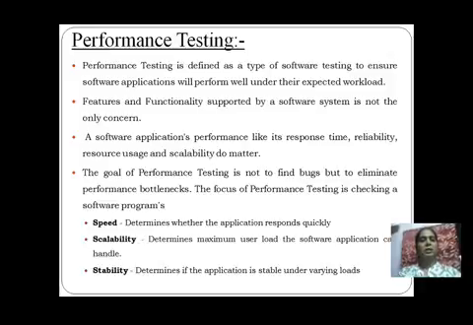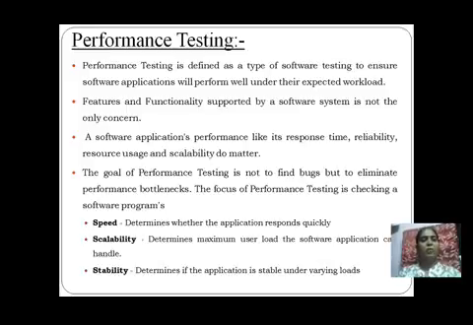Next is the resource usage. Resource usage means what? When we implement any application, we need to consider the required resources for that. The resources may be human beings, hardware type resources, software type resources, or device type resources.